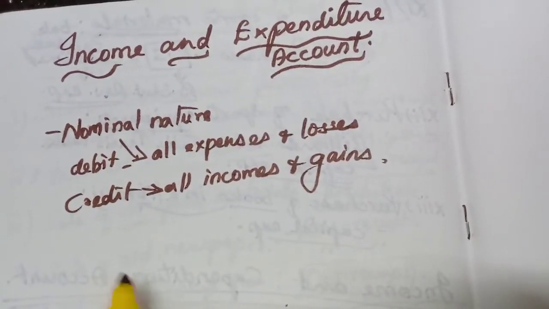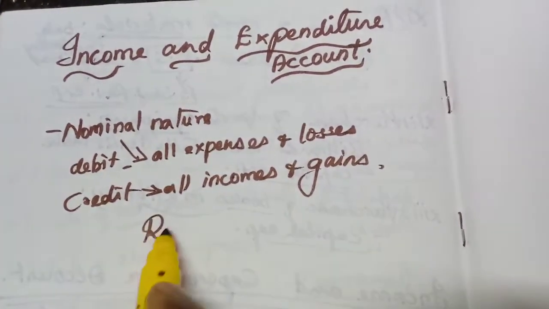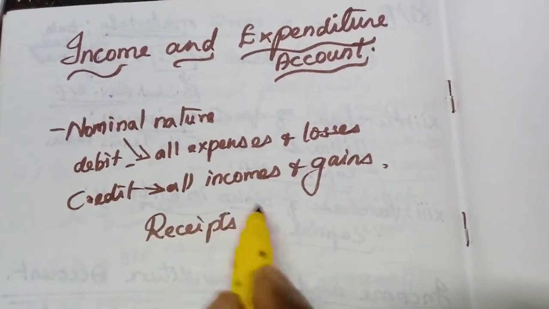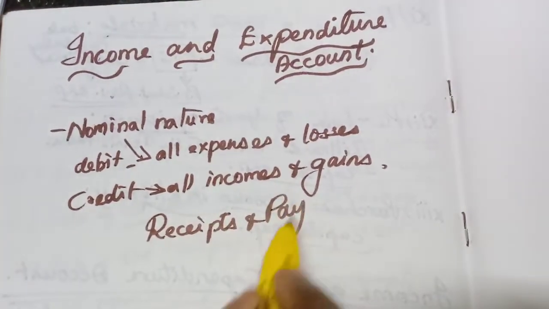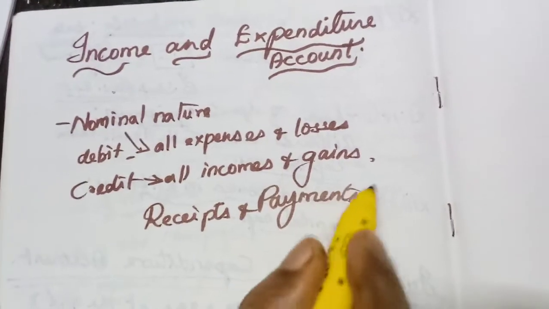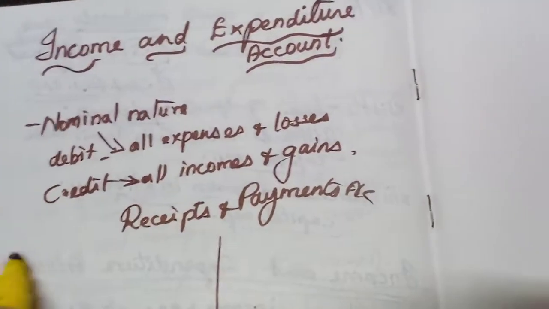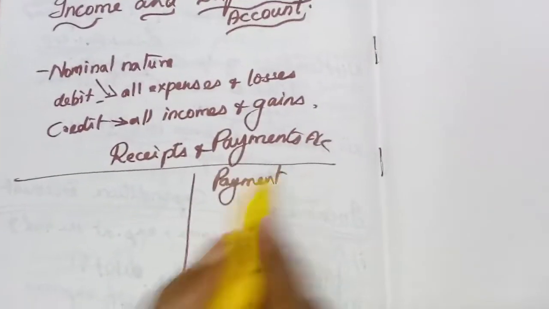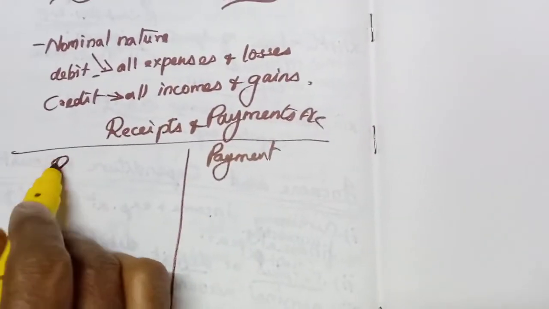So it is the opposite side. In the receipts and payments account, just I will show, here we write the payments and here we write all the receipts.